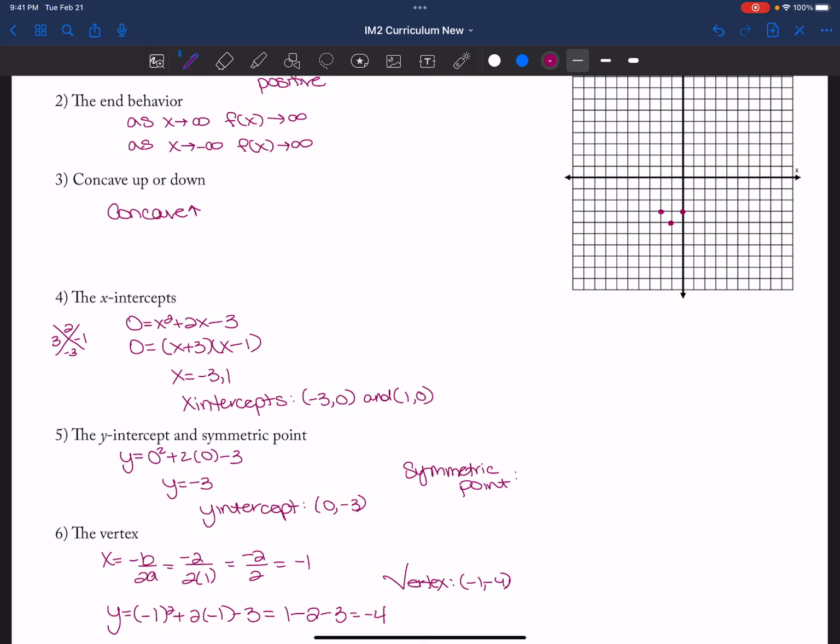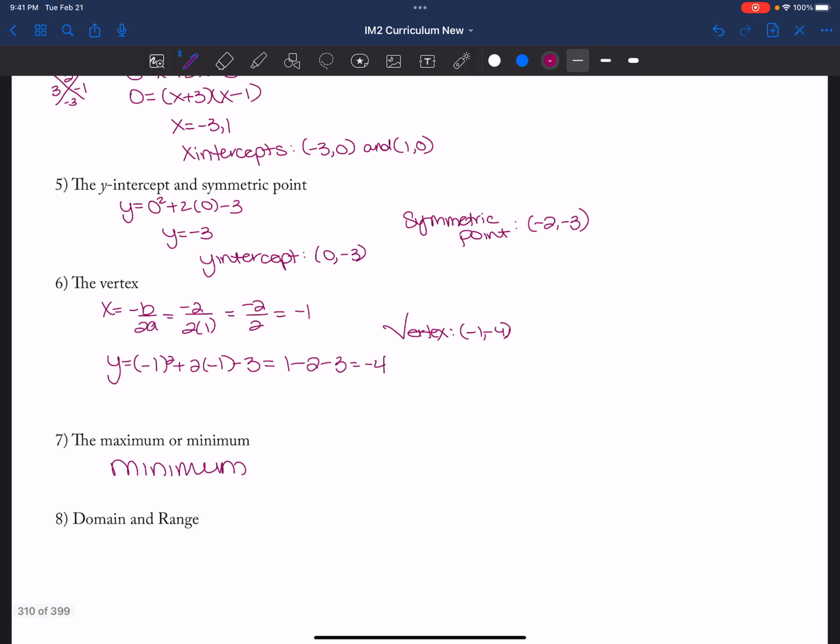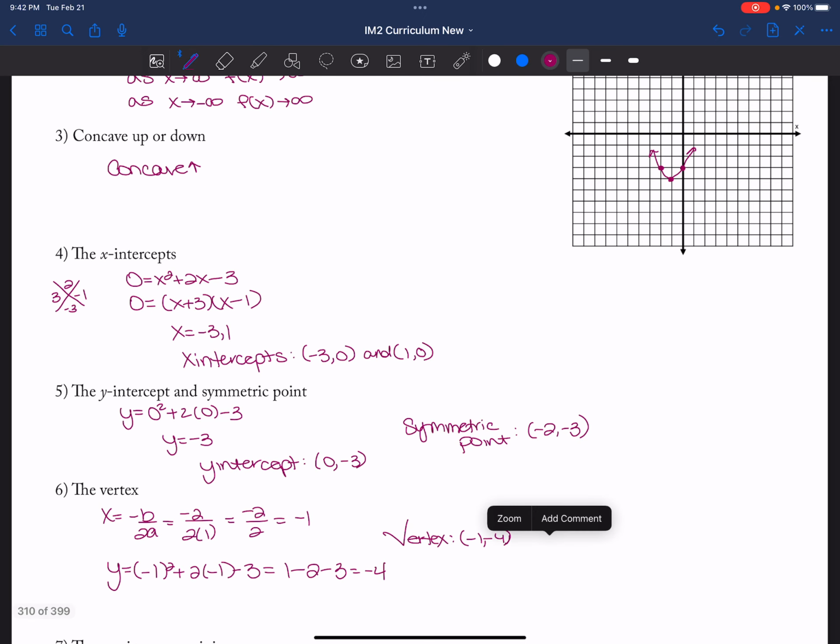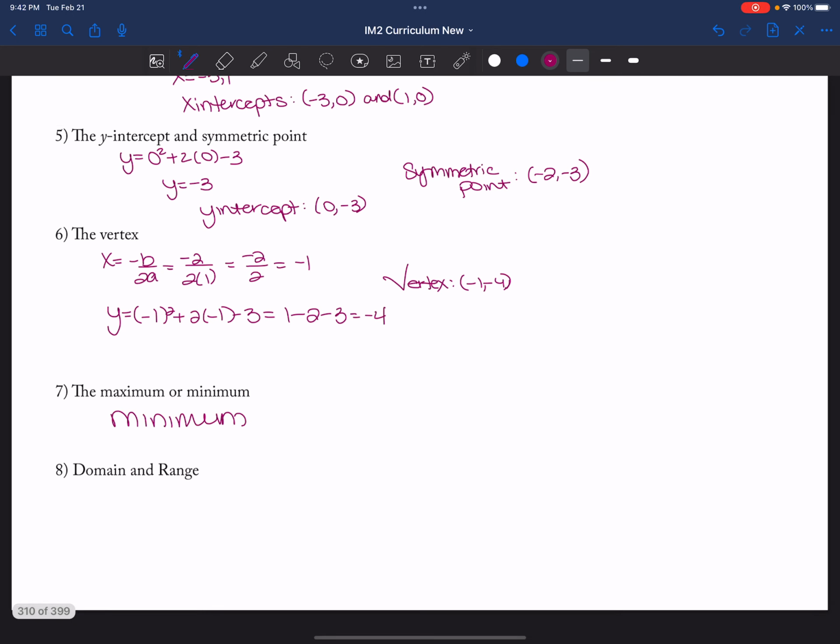That gives me negative 2 comma negative 3. And then I connect the dots. You could graph your x-intercepts too, but I'm not super concerned about that. So my domain and my range. My domain is all the values of x, so that's all real numbers.